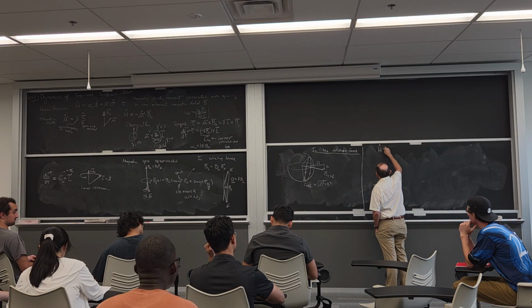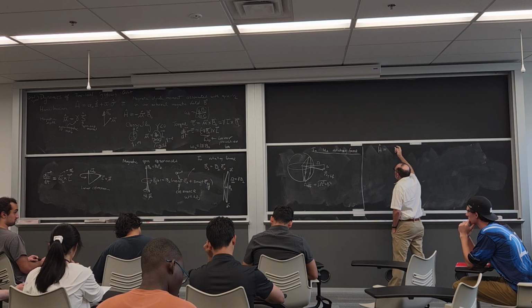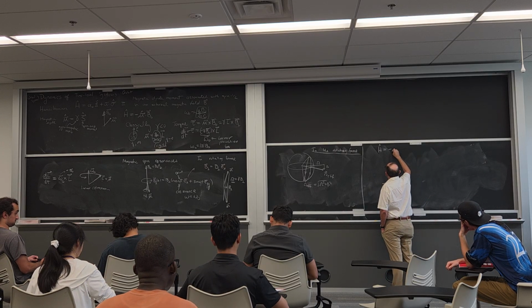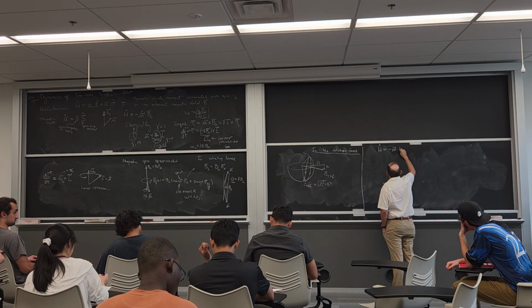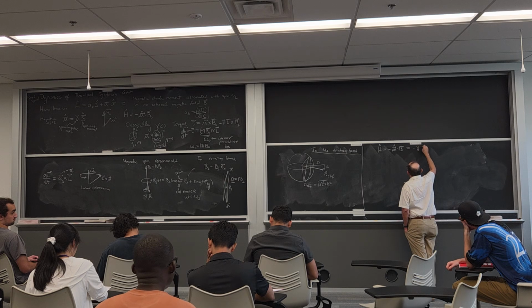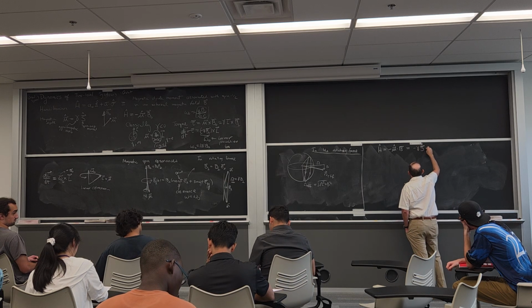So what I said is that this was equal to minus mu dot b, where mu is now an operator related to the spin angular momentum operator.